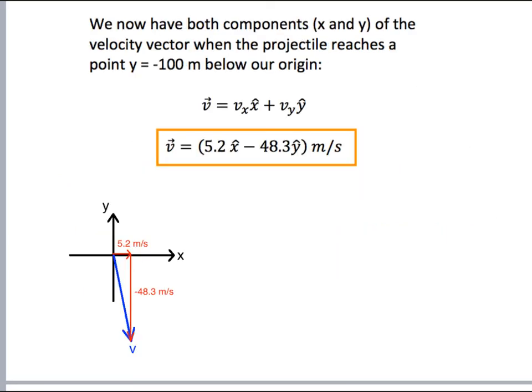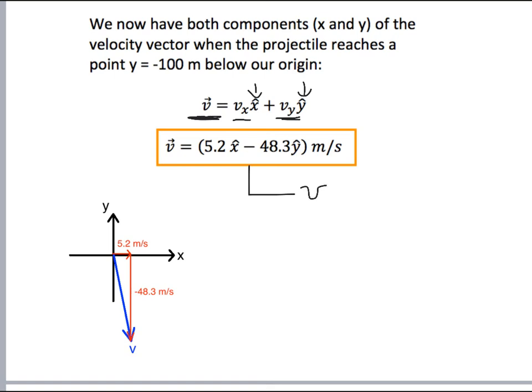So now all we have to do is put those components together. The velocity when it hits the ground, v, is going to be that x component plus that y component, and of course the x hat and the y hat tell us the directions. And when we plug in those numbers, we get that v is equal to 5.2 x hat minus 48.3 y hat, and of course the units will be meters per second.